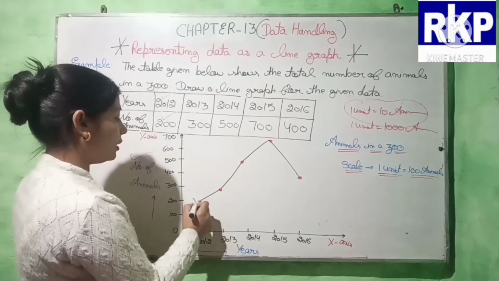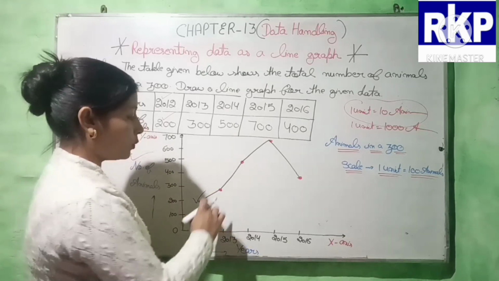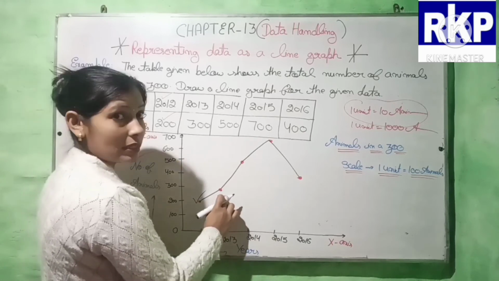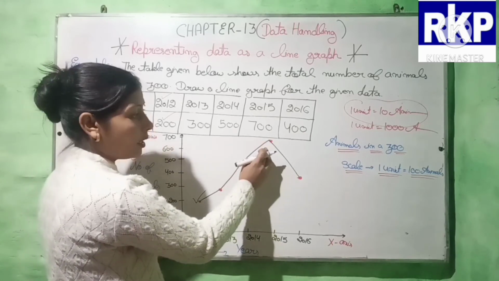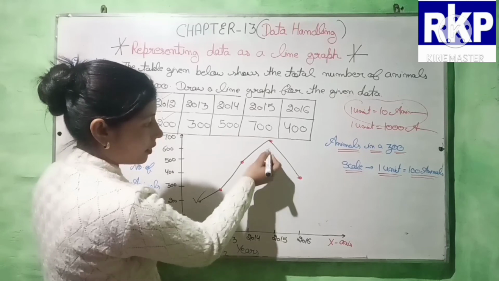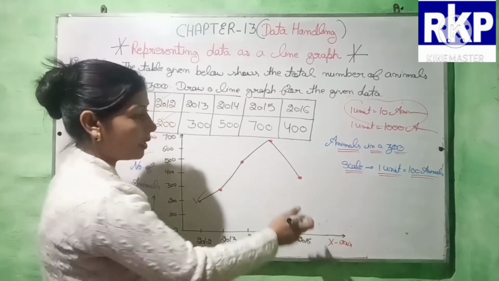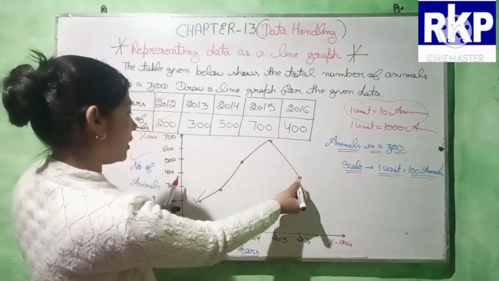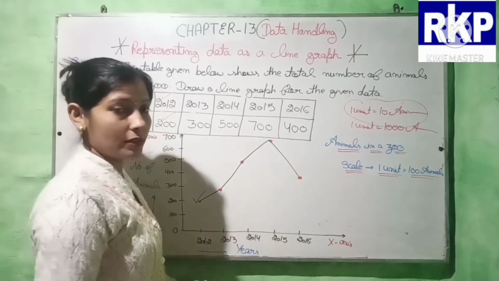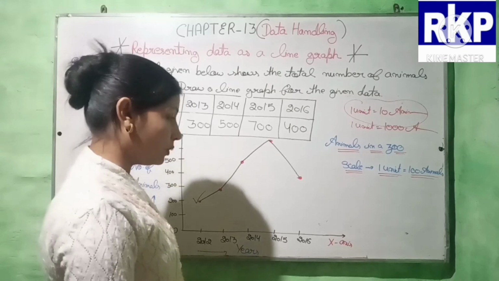Okay, here only 200 animals. उसके बाद जो number of animals क्या हो रहे हैं? Increase होता जा रहा है. Okay, but after 2015 again जो number of animals है बेटा वो decrease हो गई है. ठीक है. Again यहाँ पे कितना हो गया है? Only 400 animals. So like this we have to draw a line graph.